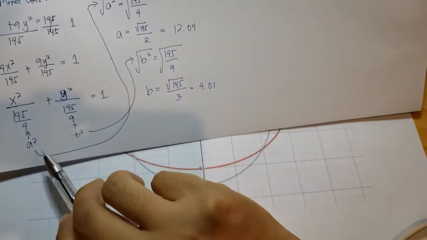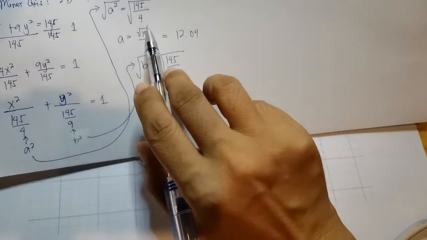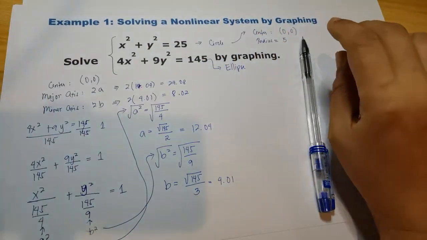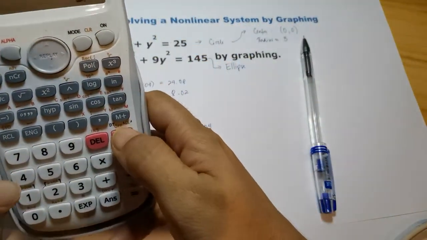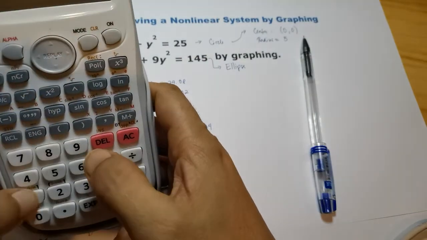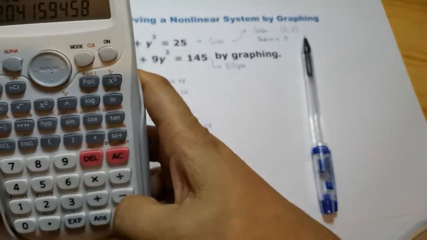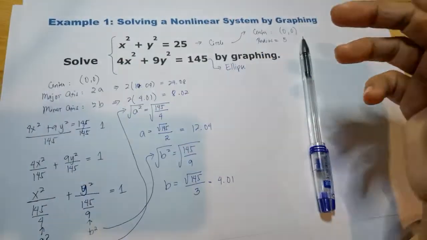Ang A pala natin, A squared, ay divided by 2 kanina yon. So, this is 6. Sorry, guys. Square root of 145 is 12 divided by 2 pala. So, that is 6.